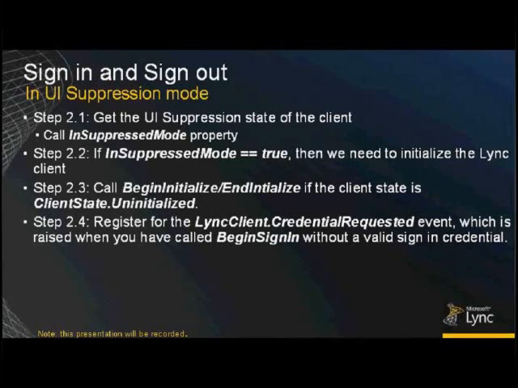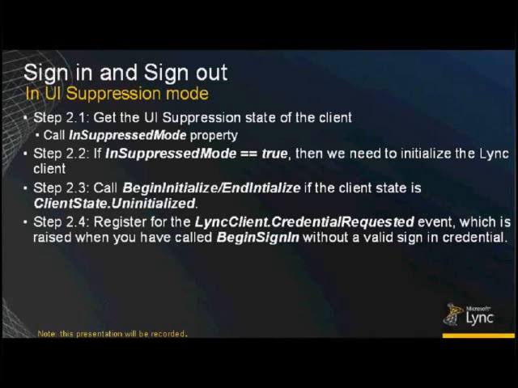It's to get the UI suppression state of the client by calling the in UI suppressed mode property. If it is true, we need to initialize the Lync client, which means we need to start the Lync client process.